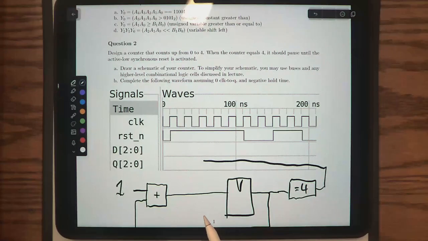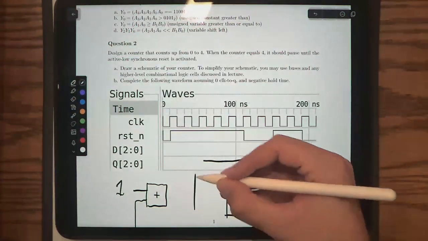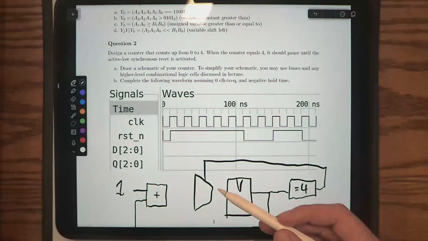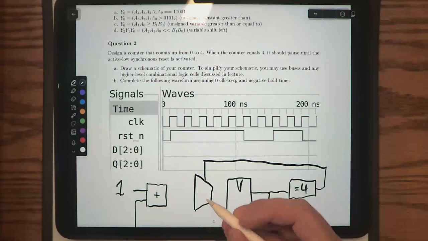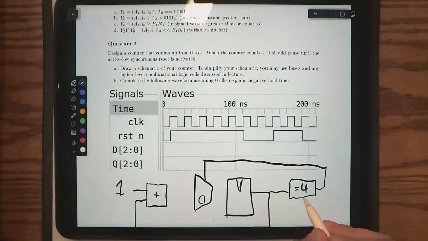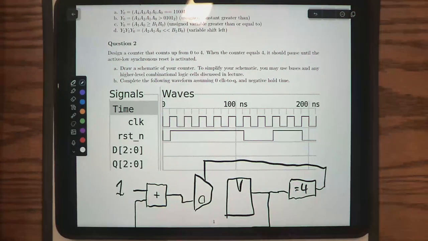Yeah? You put a mux. Yeah, fantastic. Okay, so what should the mux look like? It should take in equals 4 as the select. And then what would the 0 case be? The other. Yeah, if we are not equal to 4, then we should just keep counting up like normal.